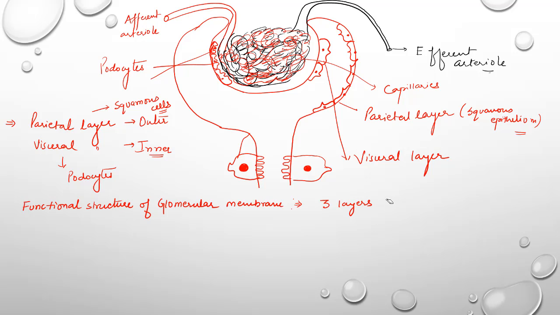The first layer is endothelium. This endothelium is fenestrated, as it is perforated by small holes, known as fenestrae.